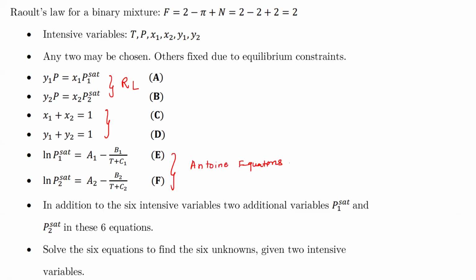So for each compound, you can find the saturation pressure at a given temperature, where these Antoine constants are found by doing experiments. For different compounds, you will have these in the appendix of any basic textbook, and you can find them all.